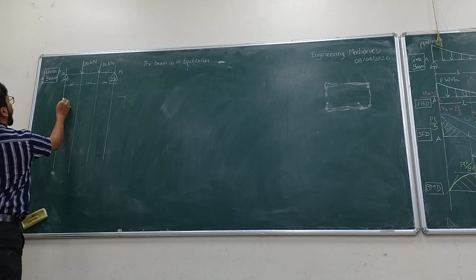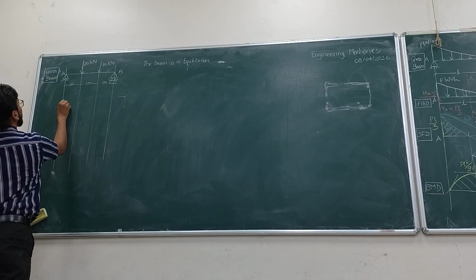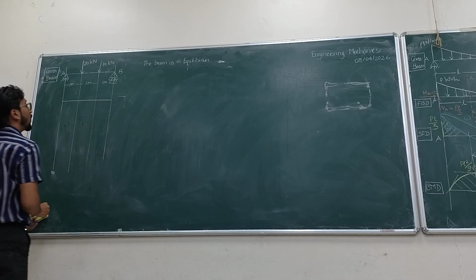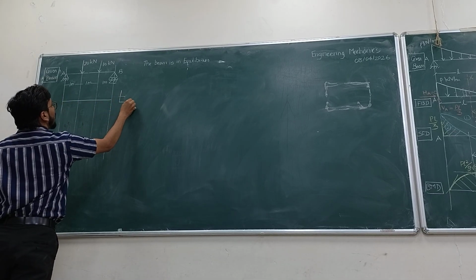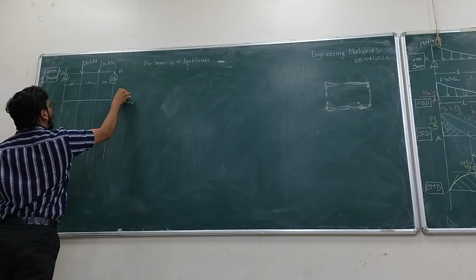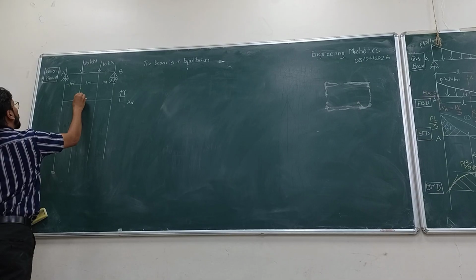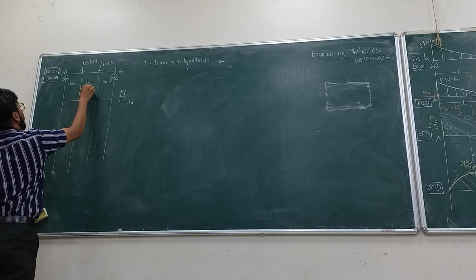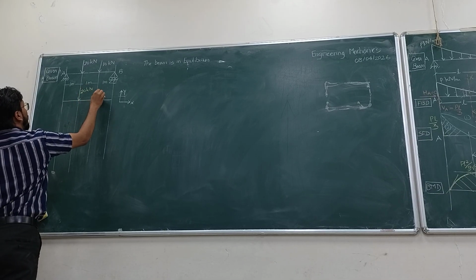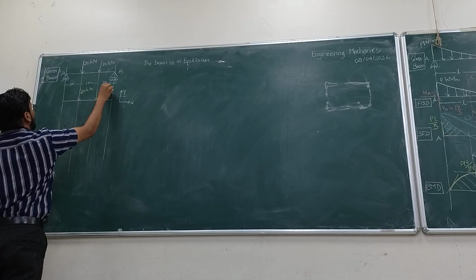So we'll have to draw the FBD of this. These are the x-axis, y-axis. So this is 20 kN point load. This is 10 kN point load.